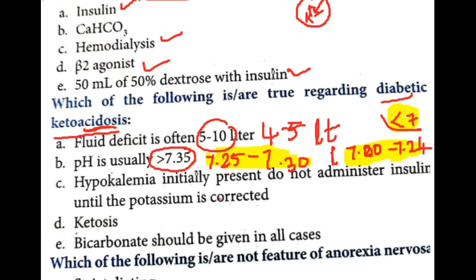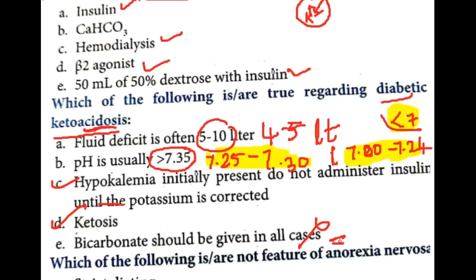So first and foremost we have to correct the potassium and then give insulin. Ketosis, obviously in diabetic ketoacidosis you will see ketosis. And bicarbonate should be given in all cases? No, it is only given if there is a bicarbonate deficit, or else we do not give bicarbonate in all cases.